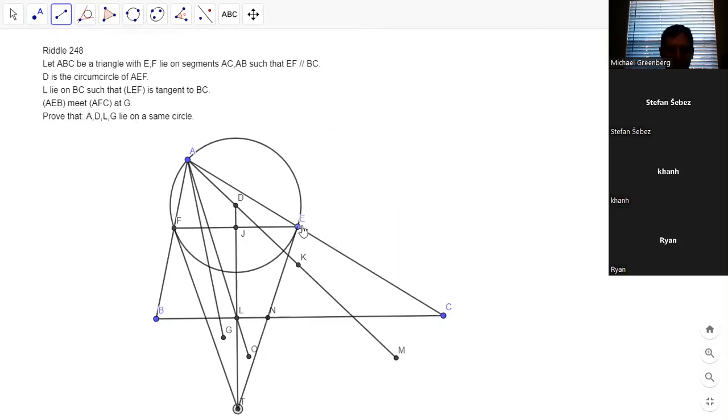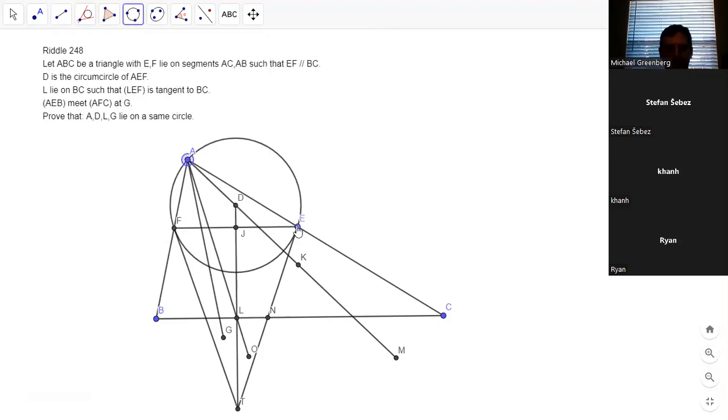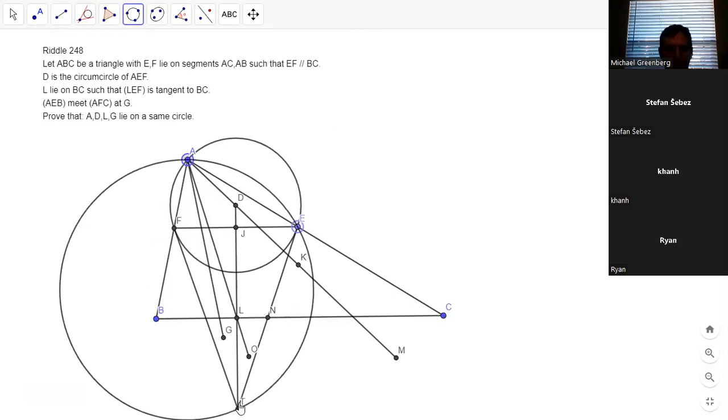Okay, so AEBT is cyclic. Then we can use power of a point. So let me first think about that. So AEBT is cyclic.